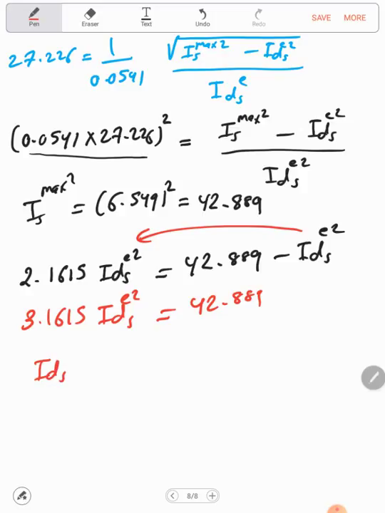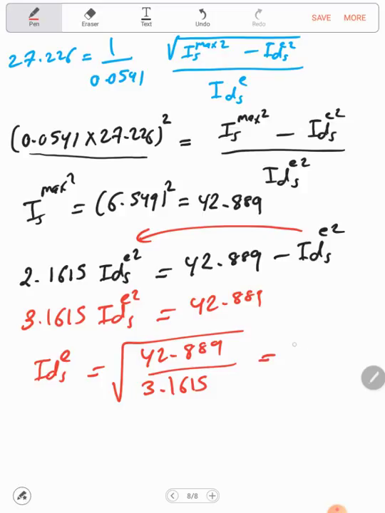So IDSE will equal the square root of 42.889 over 3.1615, and this will equal 3.683 ampere. So this is the flux component of the stator current at rated condition.